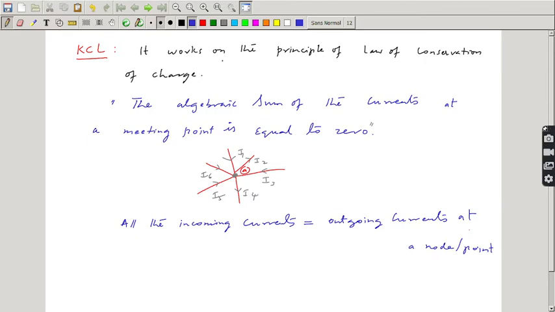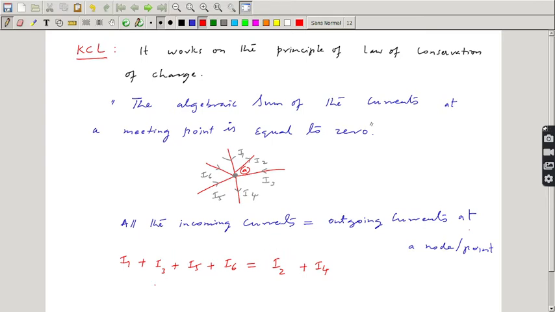From the above diagram, the incoming currents are I1, I3, I5 and I6. So I1 plus I3 plus I5 plus I6 is equal to the outgoing currents, which are I2 plus I4. The remaining currents are incoming towards the node.